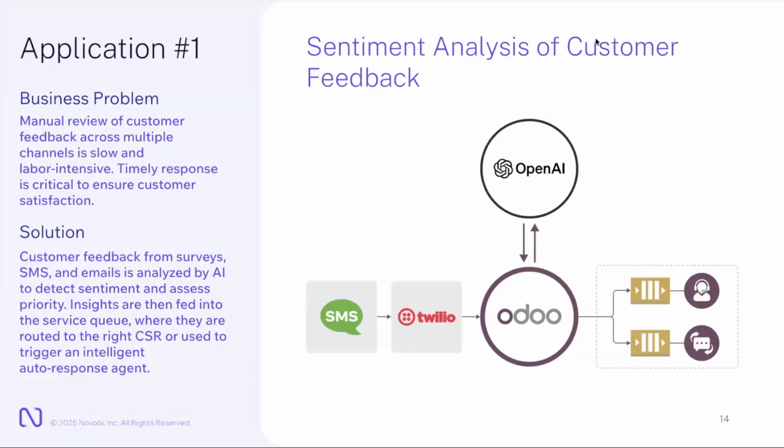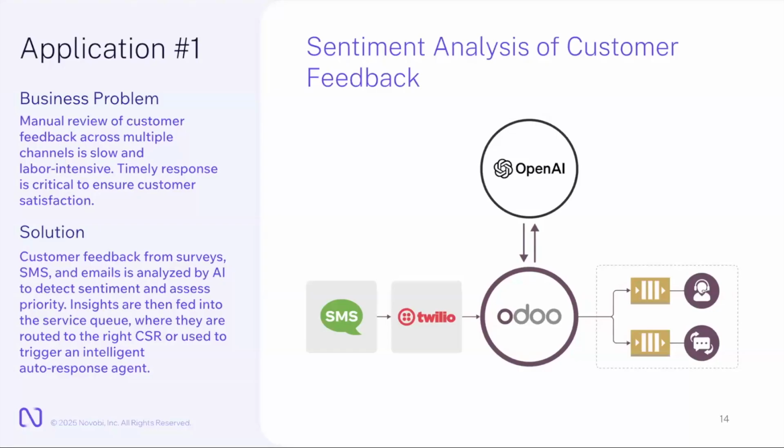All right, so like I already mentioned about the use cases, I'm going to show you how we built it and show you a demo of how it works. This is the sentiment analysis bot, which takes in SMS messages from customers.